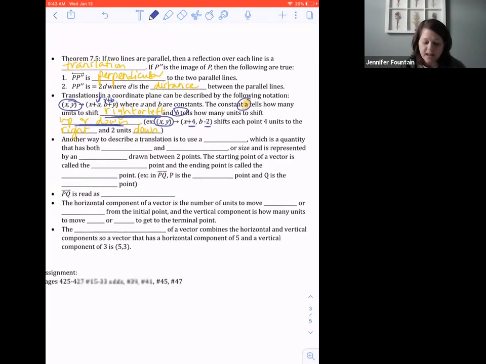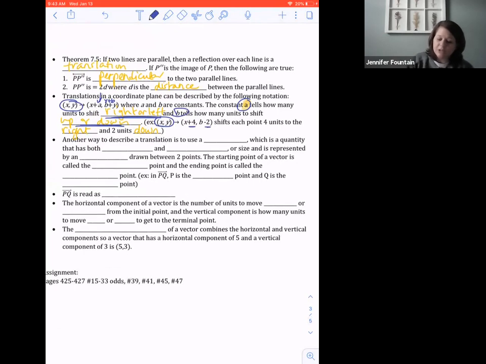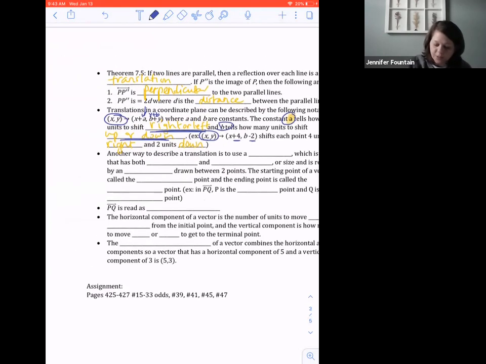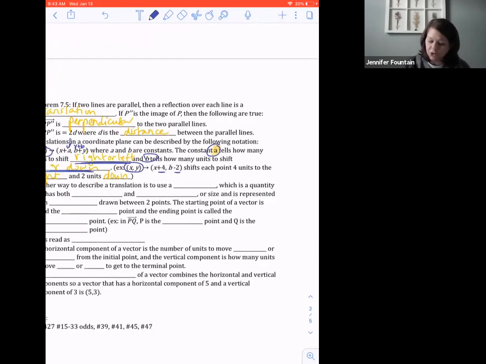All right, so now we're starting with another way to describe a translation, and this is at the top of page 423. It says another way to describe a translation is to use a vector.